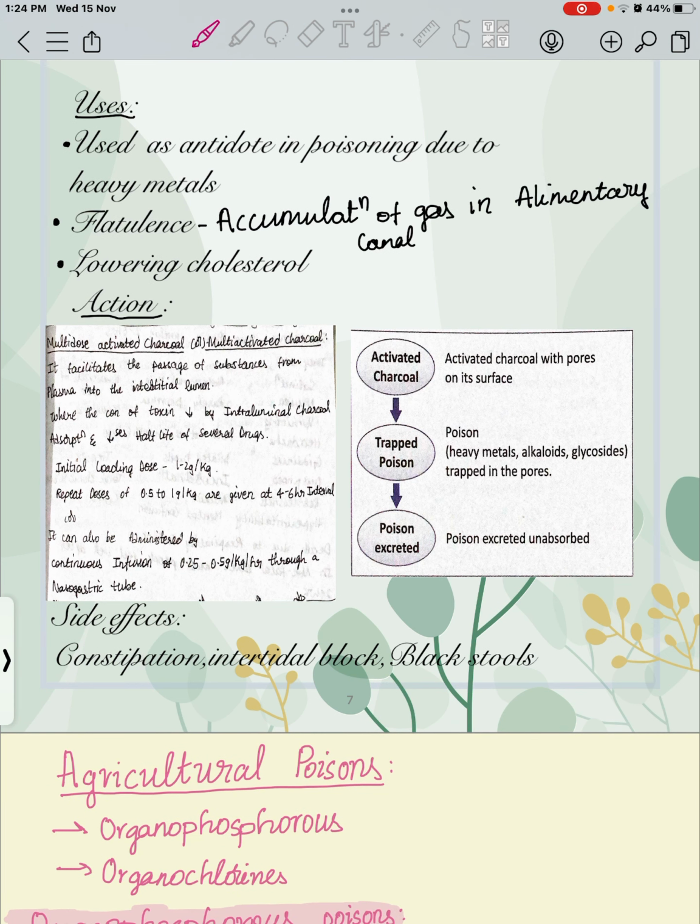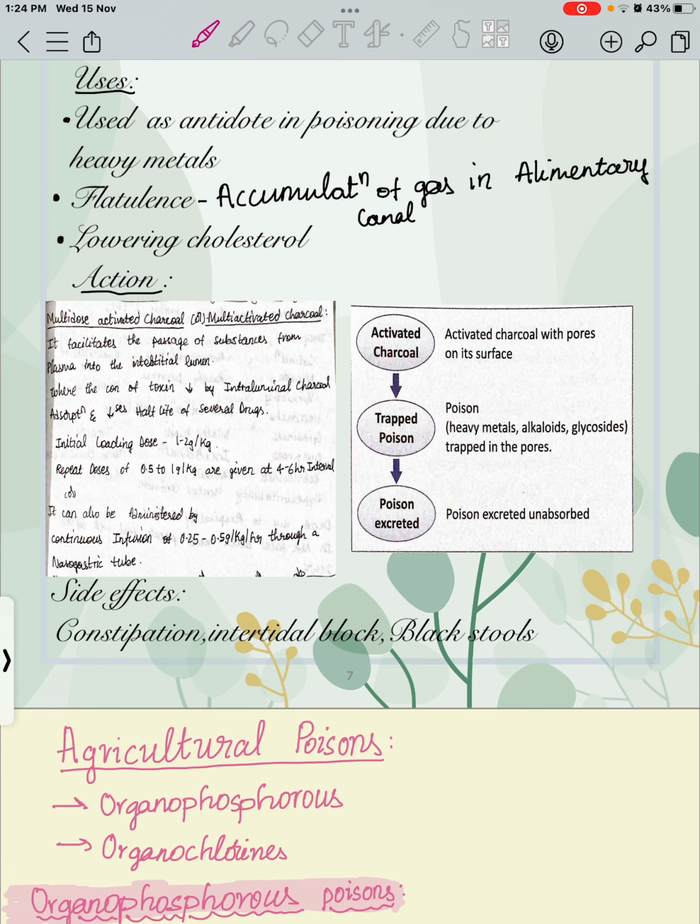Action. The given flowchart explains the action of multi-dose activated charcoal. It facilitates the passage of substances from plasma into the intestinal lumen, where the concentration of toxin decreases by intraluminal charcoal absorption and decreases the half-life of several drugs.